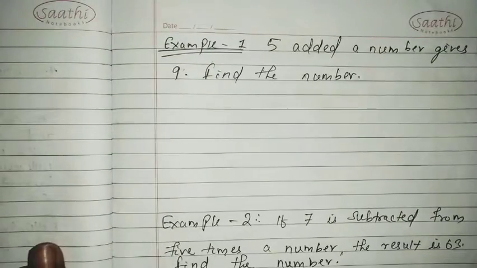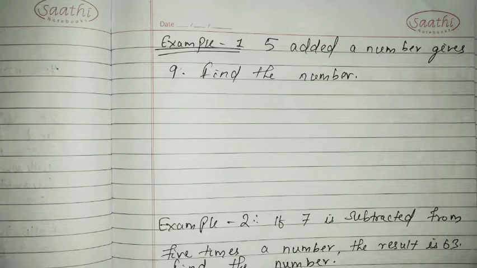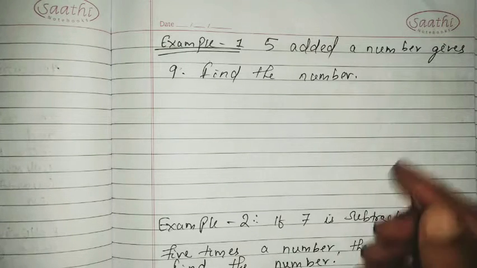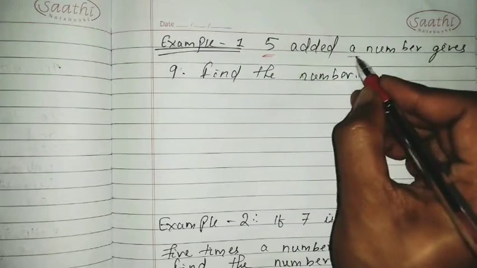First example: the question says that 5 added to a number gives 9.